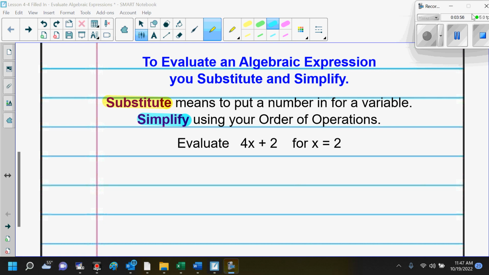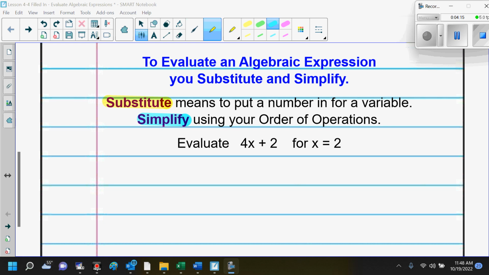So, for example, we want to evaluate 4x plus 2 when x equals 2. Before we begin, can you tell me what 4x means? Very good. That means 4 times x.